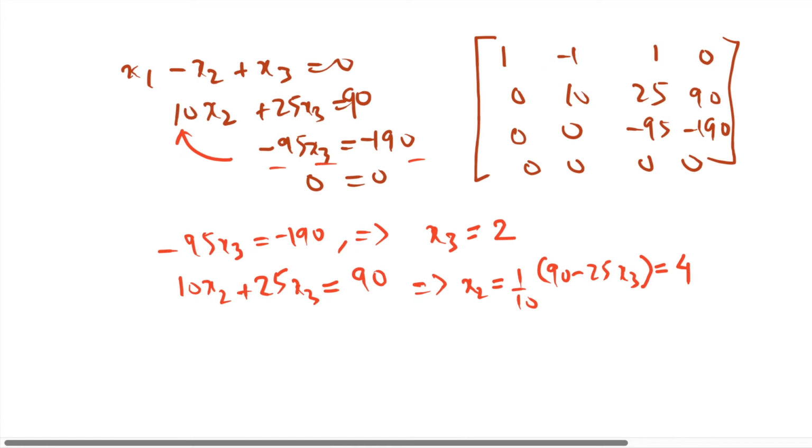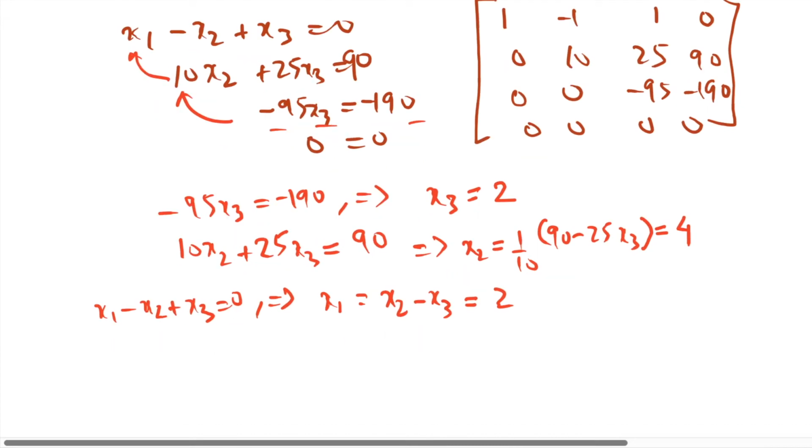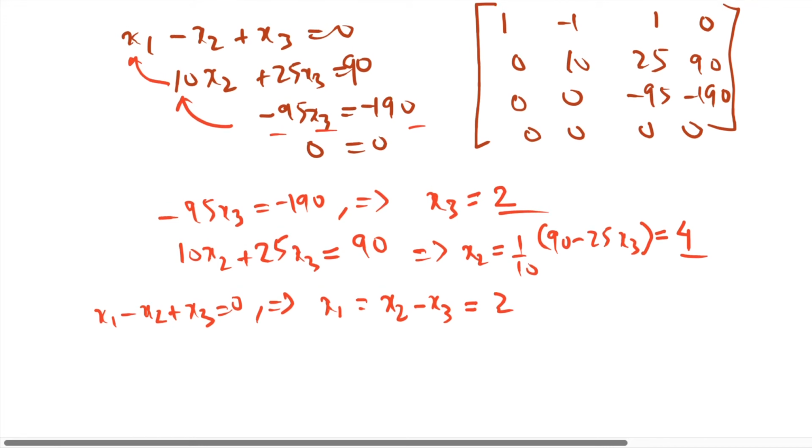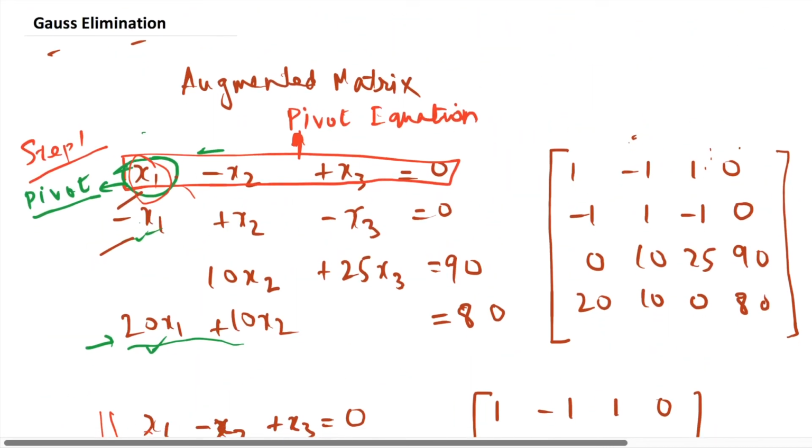Now you move to the first equation, and you know that x1 minus x2 plus x3 is equal to 0, which implies that x1 is equal to x2 minus x3, and this will be 2. So this is the solution to our problem: x1 equal to 2, x2 equal to 4, and x3 equal to 2. This is the solution to the original linear system.